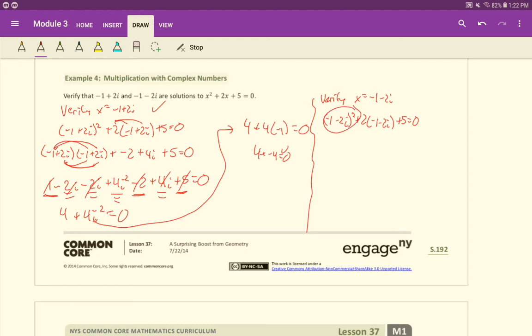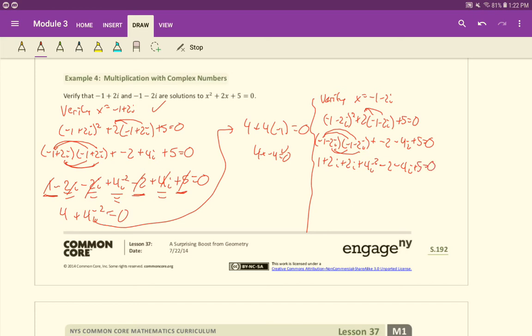Again, we'll multiply this out and distribute there. So we'll get -2 minus 4i, and then plus the 5. Multiply it out here: -1 times -1, positive 1. -1 times -2, positive 2. -2 times -1, positive 2. -2 times -2, positive 4i squared. Bring down the -2, the minus 4i, and the plus 5.